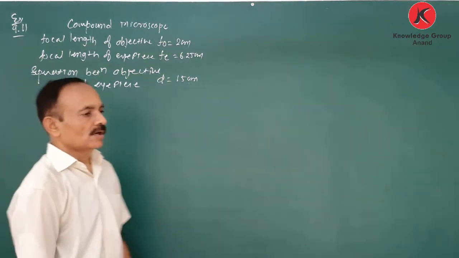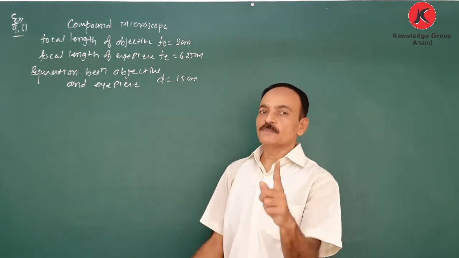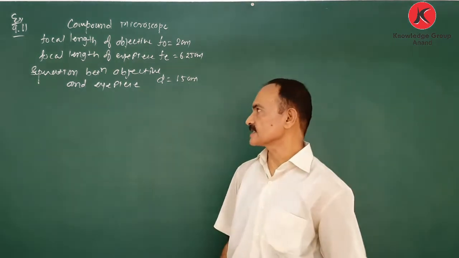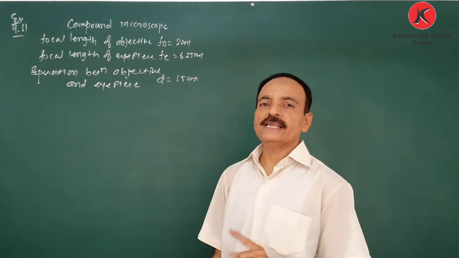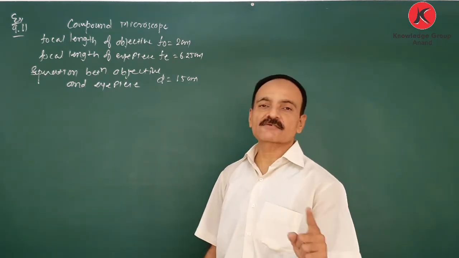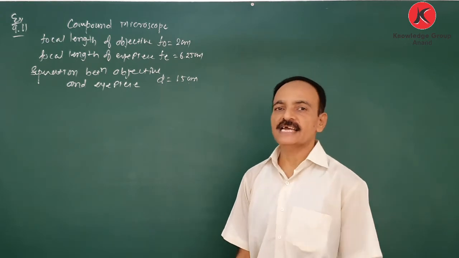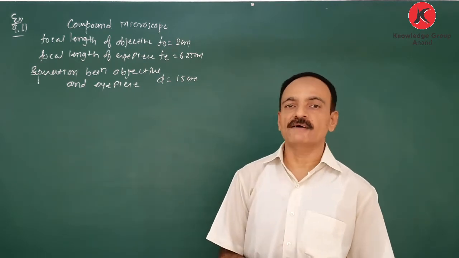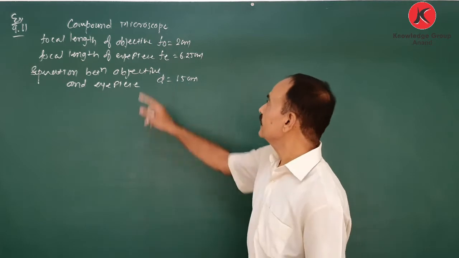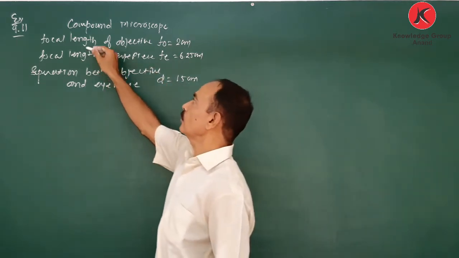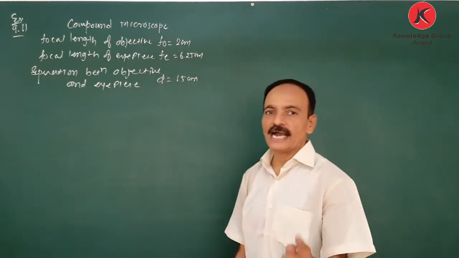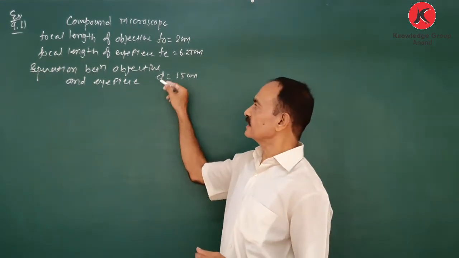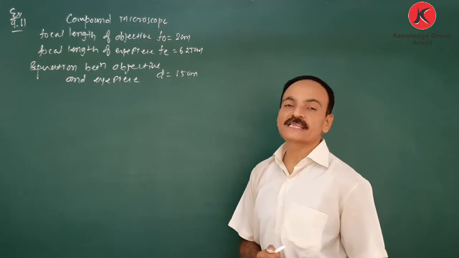Now, where should the object be placed from the objective to obtain its final image, first at the near point distance, that means D is equal to 25 centimeter, and second at infinite distance, and also find the magnifying power in both cases. Again, a compound microscope with objective of focal length 2 centimeter and eyepiece of focal length 6.25 centimeter. The separation between them is 15 centimeter.